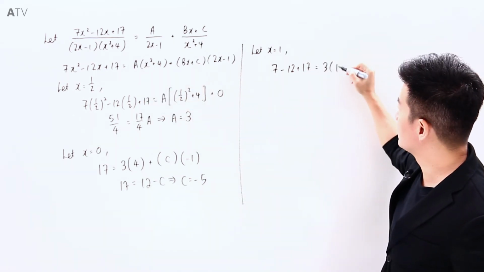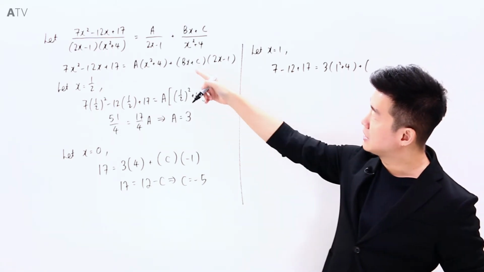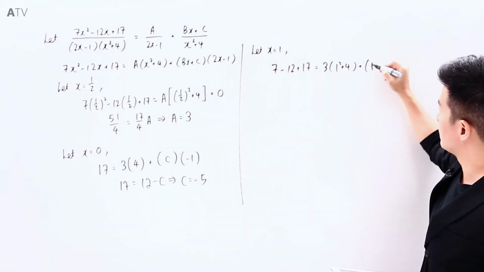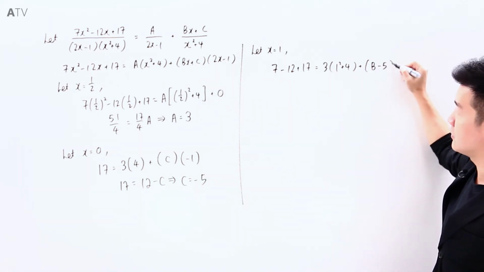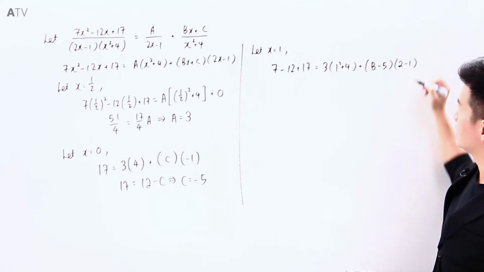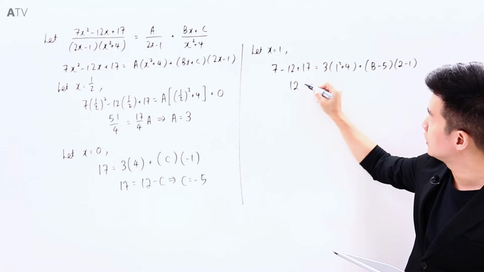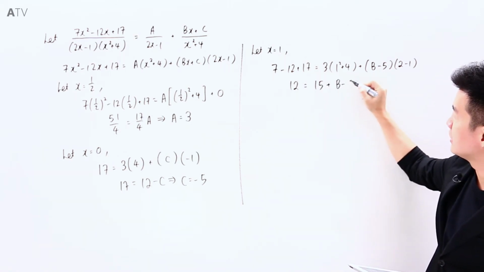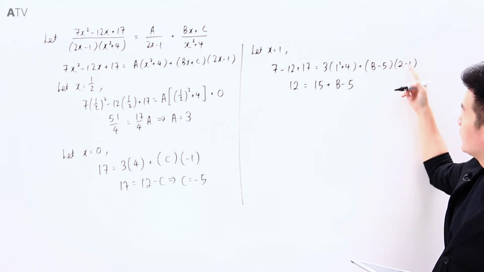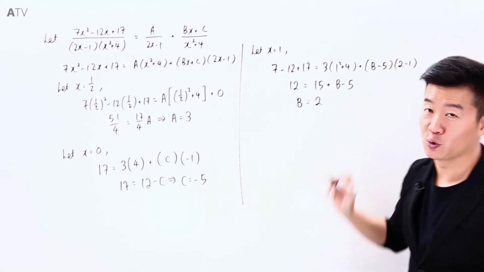So 3 times 1 squared plus 4, plus B times x. x is 1, so we have B. C is negative 5, so B minus 5, times 2 minus 1. So what we have now is 12 is equal to 15 plus B minus 5 times 2 minus 1, which is 1. So this will give us the value of B, which is going to be equal to 2.